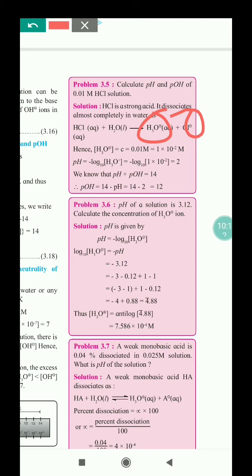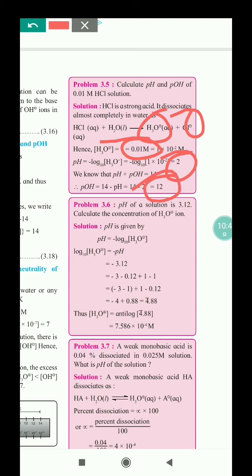Therefore, the concentration of hydronium ion is equal to 0.01 molar, which is given, that is 1 into 10 to the power minus 2. So pH is equal to minus log to the base 10 of hydronium ion, which is minus log to the base 10 of 1 into 10 to the power minus 2, that is equal to 2. So here pH is 2. We know that pH plus pOH is equal to 14. So by putting pH equal to 2, we have pOH equal to 12.